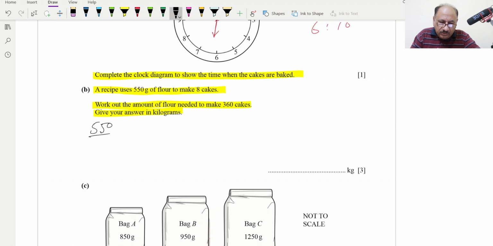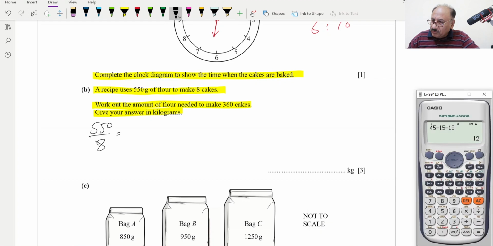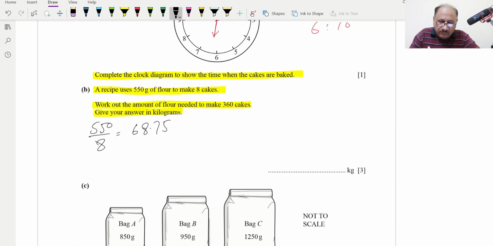So flour used for 1 cake will be divided by this, and this will be equal to 550 divided by 8, which will be equal to 68.75. This will be flour for 1 cake.